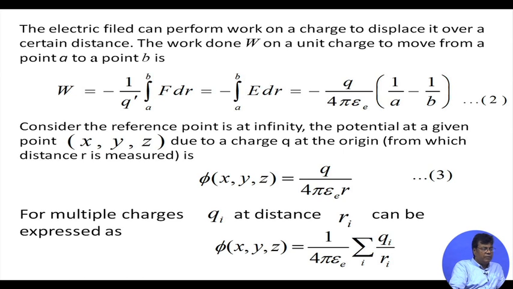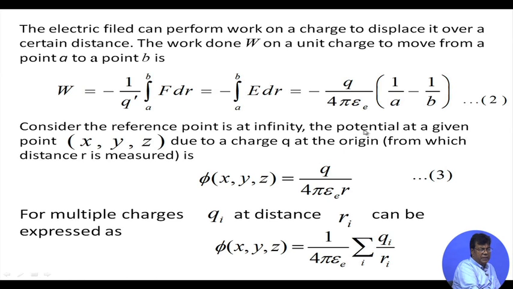Now, this force can perform work. The work W in dragging a unit charge from point A to point B can be written, in vector form, as F dot dr, which is equal to E dot dr. By integration we get this term, equation 2.